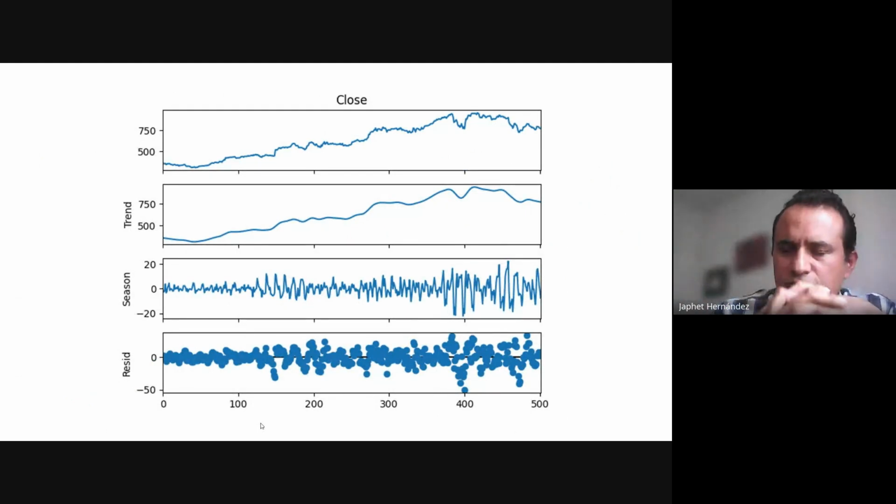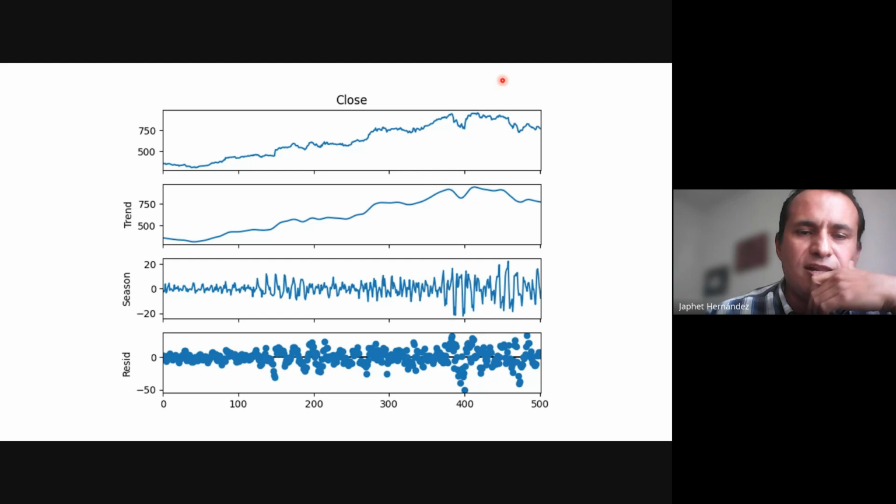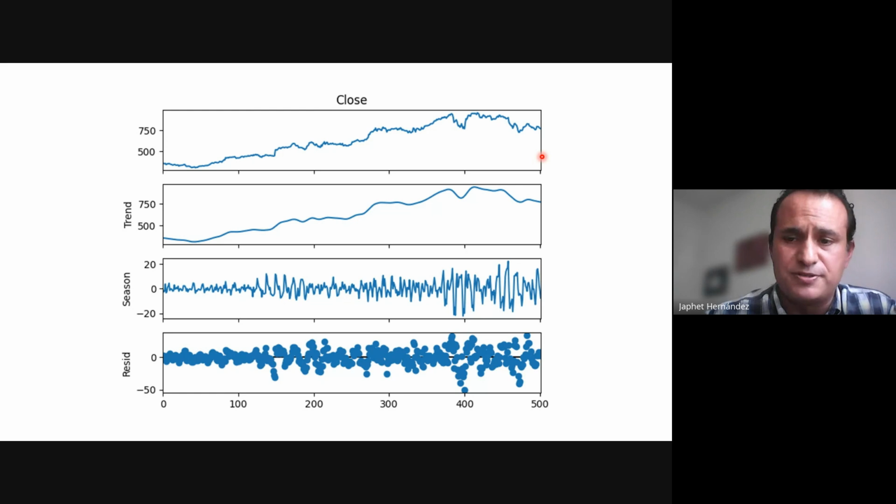So let's break down a little bit what's going on with the information of this company, LLE. And for that purpose, we are going to take apart the time series to see what makes it tick. So pretty much, what are we looking at? Here's the actual close pricing values. That is the original numbers of the close price. That will be our starting point.